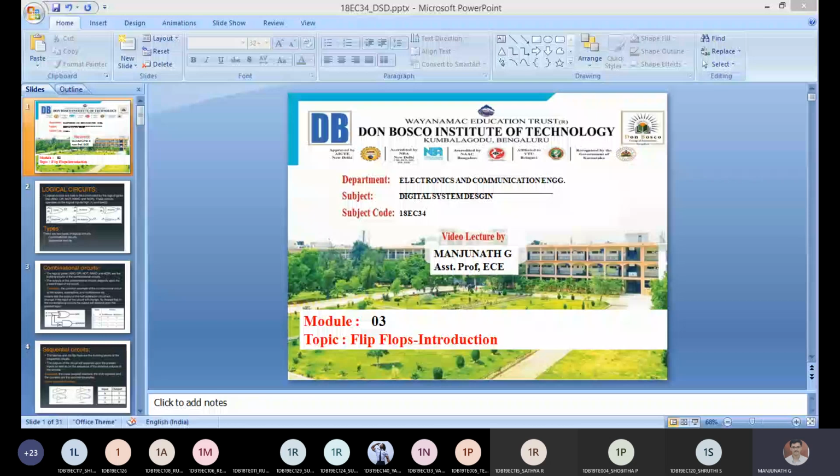So we'll just summarize what exactly this module number 3 involves in your syllabus. We'll be starting with the basic introduction to the logic gates. Then we will be dealing with your bistable elements, so using NAND and NOR logic, how to realize any basic gates.